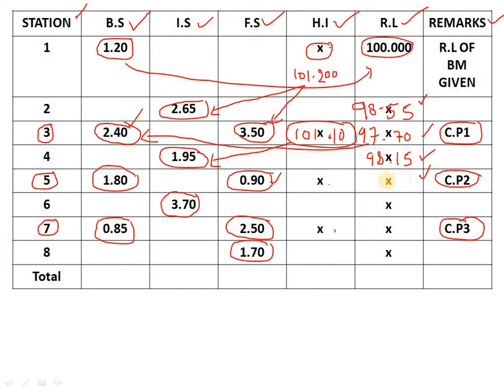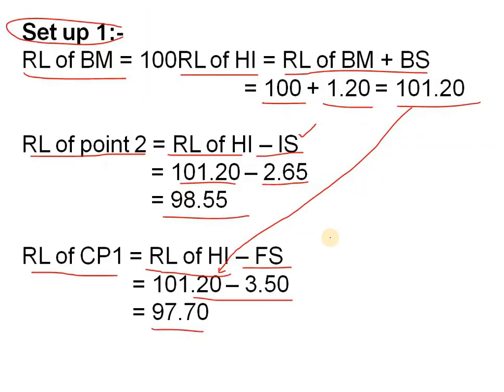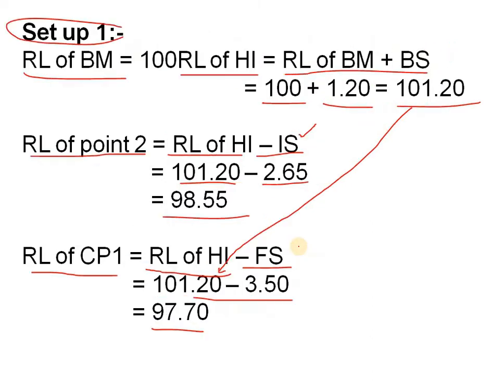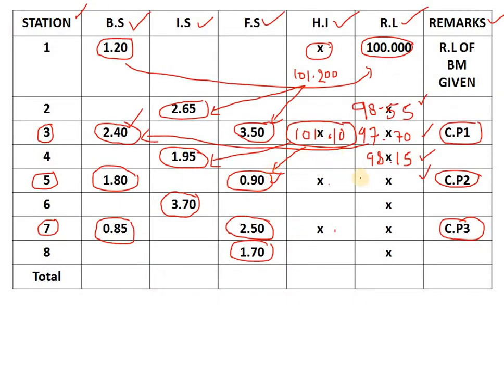So RL of CP2 is equal to RL of HI minus FS, that is 101.10 minus 0.90, which is equal to 99.20.